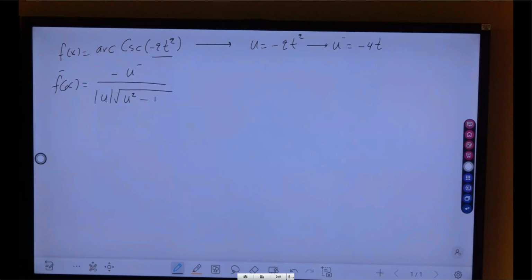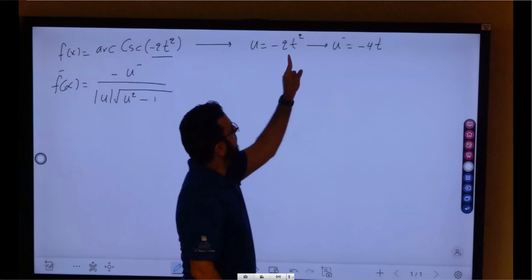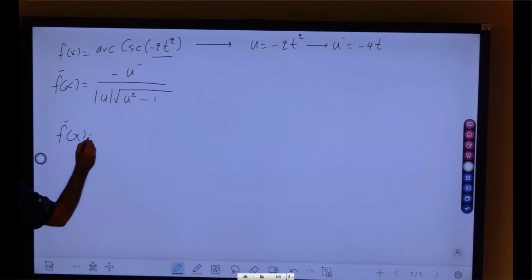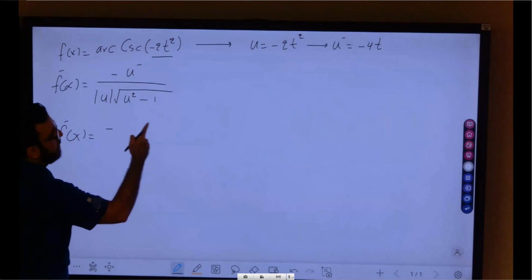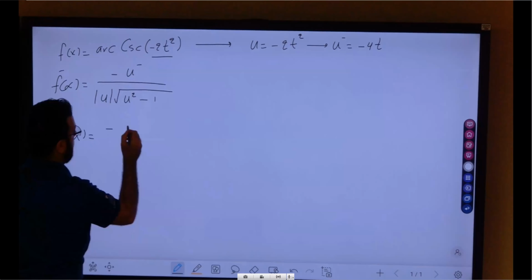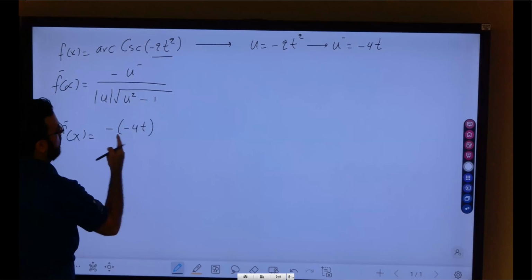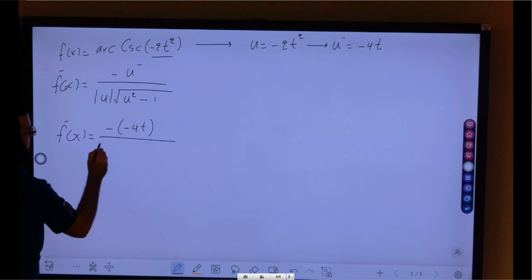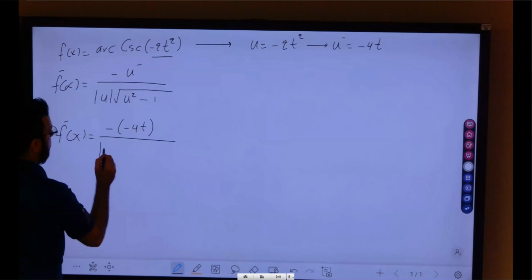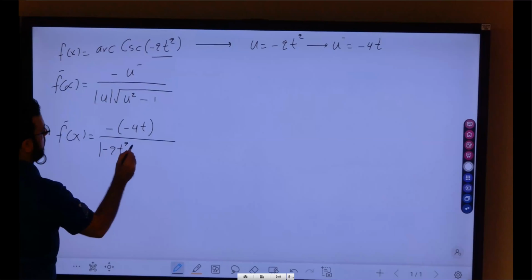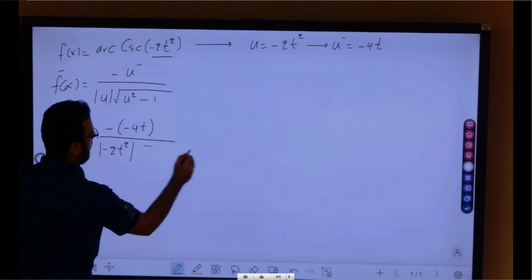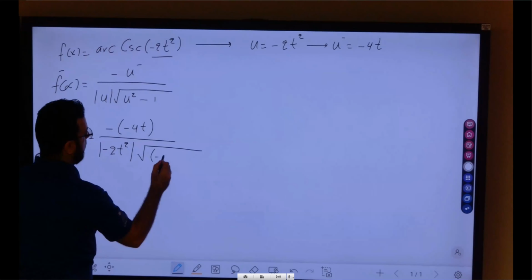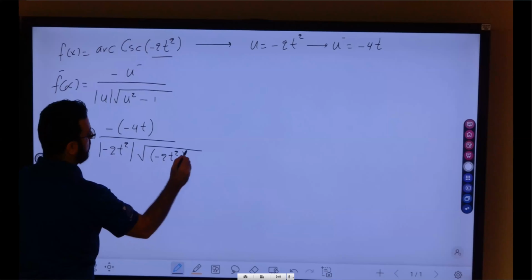Now I'm just going to go ahead and plug in u prime and u. That means f prime of x is going to equal negative u prime, which is negative 4t, so you have to be careful: there's a negative in the formula. Over the absolute value of u, the absolute value of negative 2t squared, and here is the square root of u squared minus 1.